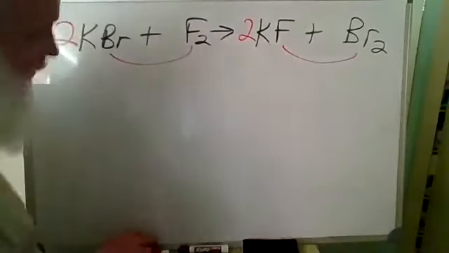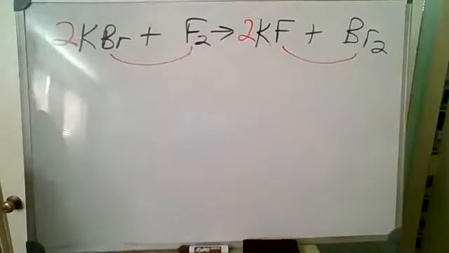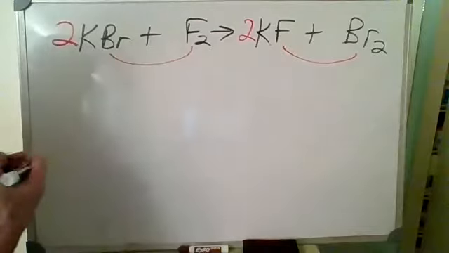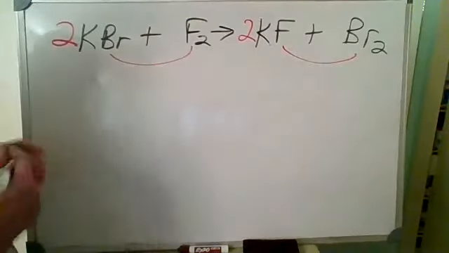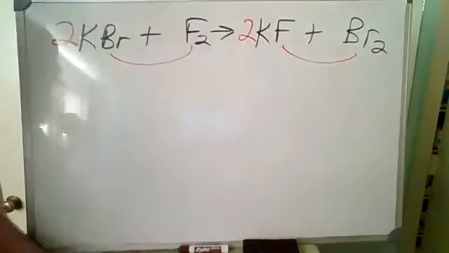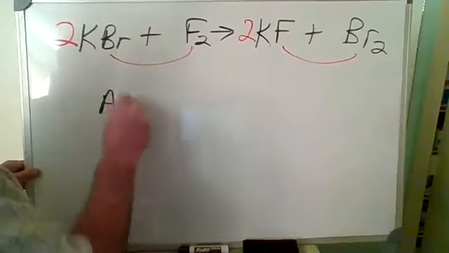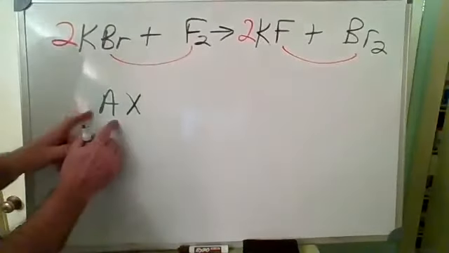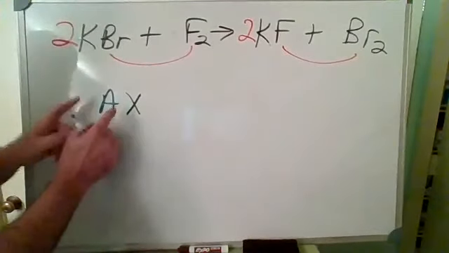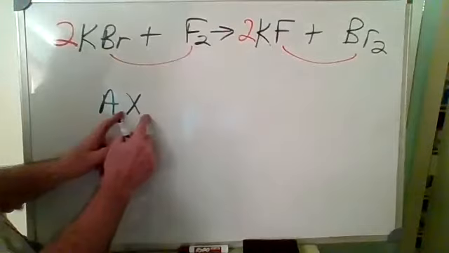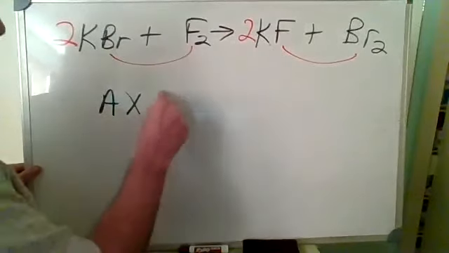So what's the general format for this? It is single substitution, but our book only shows the cation being displaced. But here, I can have AX. Remember, we're going to use the lower letters in the alphabet for the metals and the letters at the end of the alphabet for the non-metals.